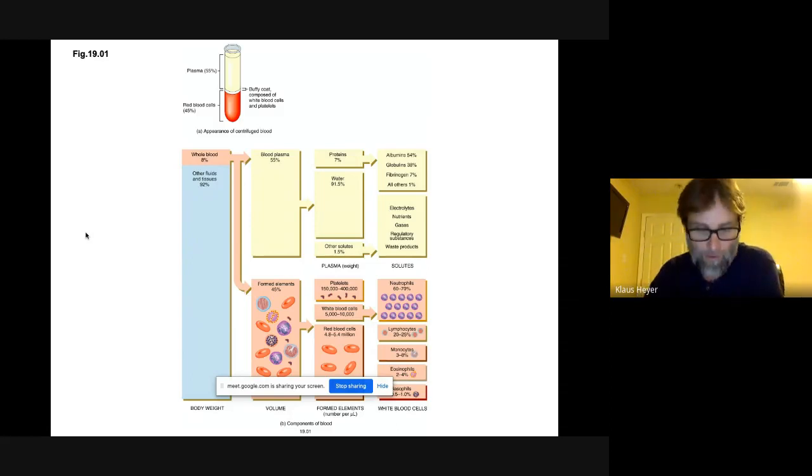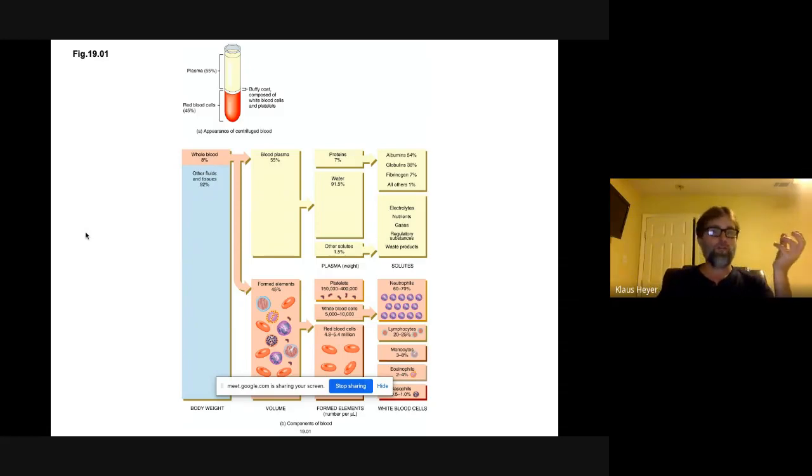So let's talk about some of the characteristics of blood. As you see on this slide, which is pretty good at exemplifying them, blood is about 55% plasma and 45% what we call formed elements. The plasma is the liquid, essentially water.